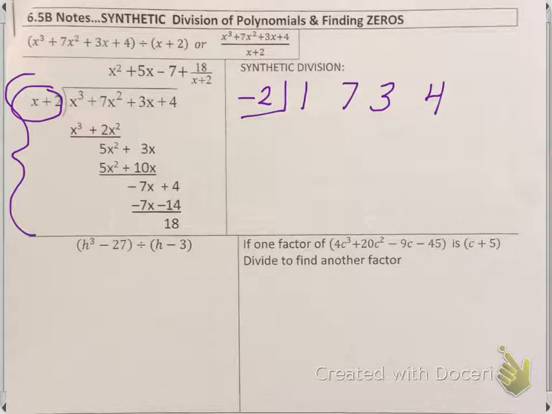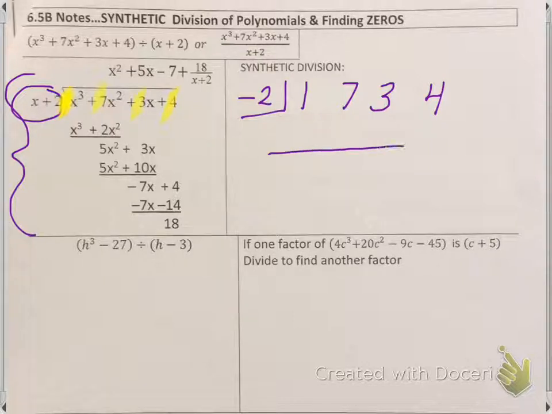They're my coefficients from the problem. If I had a spot that was missing, like yesterday when we had to plug in a 0x squared, I would have a 0 somewhere in there, wherever that placeholder was. So you do still have to have a placeholder.